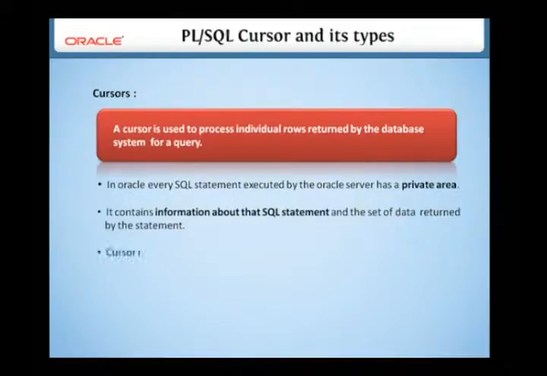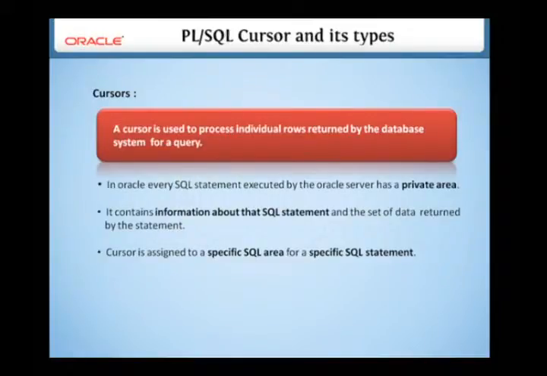In PL/SQL, a cursor is assigned a specific SQL area for a specific SQL statement. For example, if you create a cursor for a simple select statement, the server allocates a specific area for that statement. So the result of the statement is stored in that particular area.